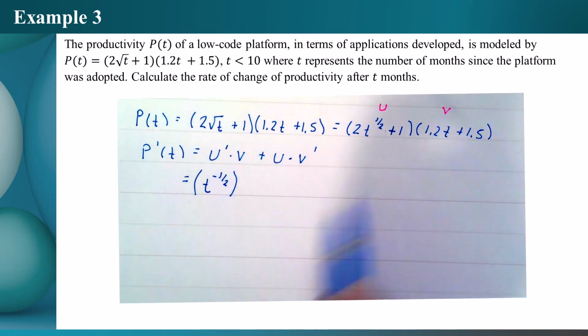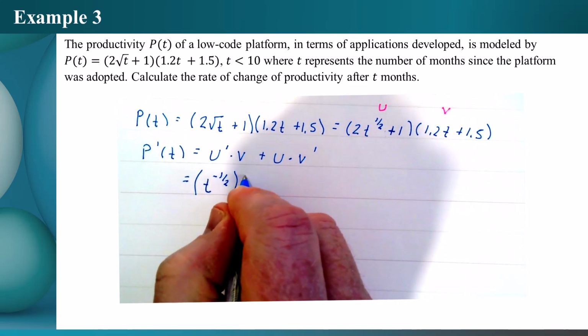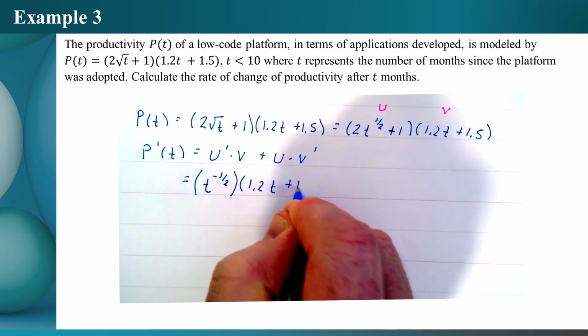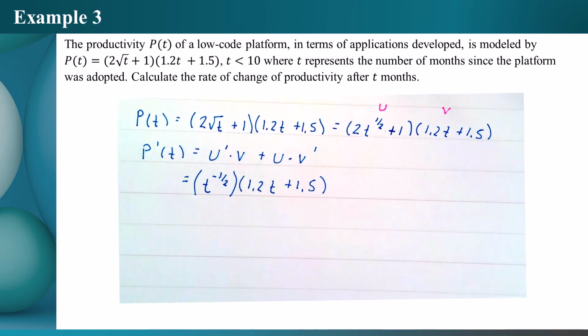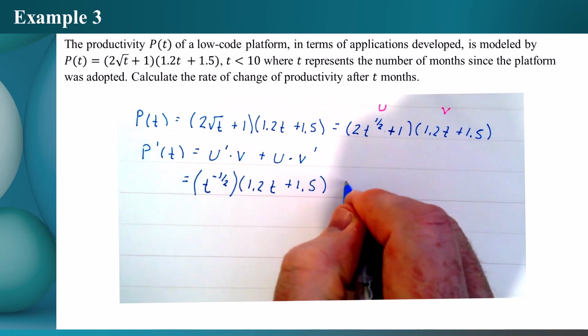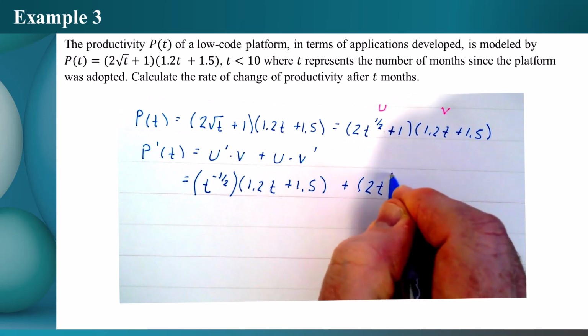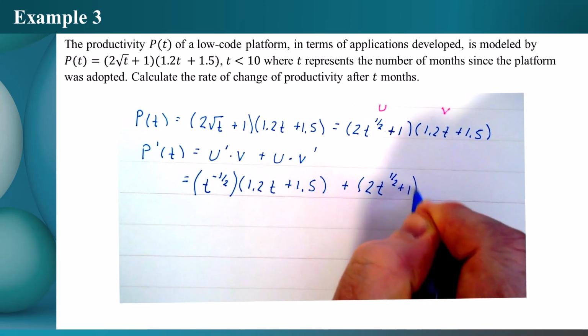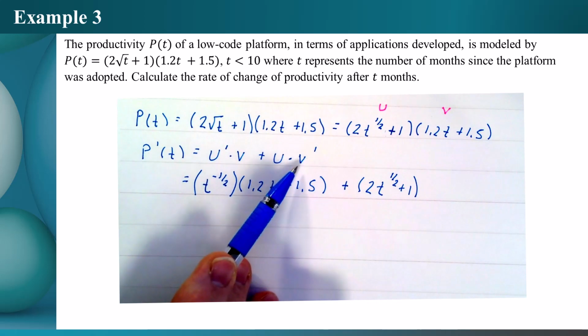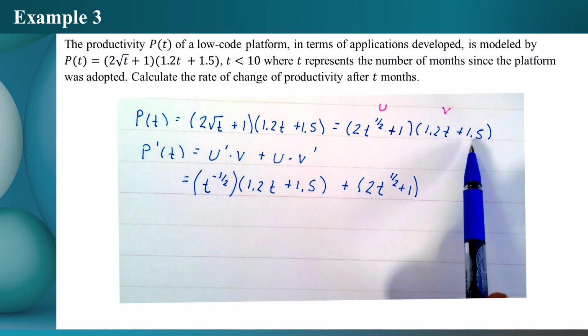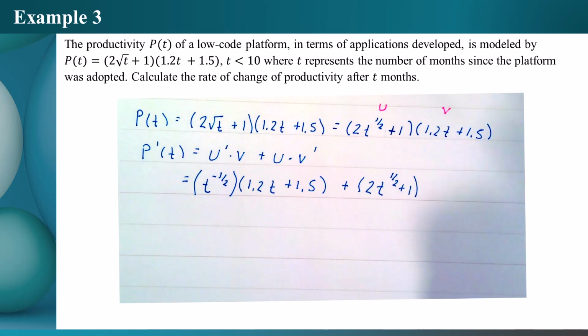Now V is just this function over here. It's 1.2 times t plus 1.5. Now I add that to U, which is 2t to the 1/2 plus 1. And now I'll multiply that by V prime. And if V is 1.2t plus 1.5, I can see that V prime would just be 1.2.